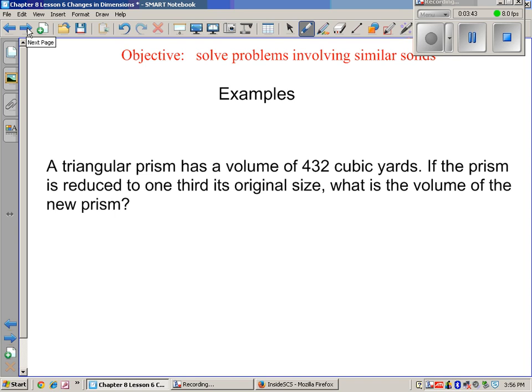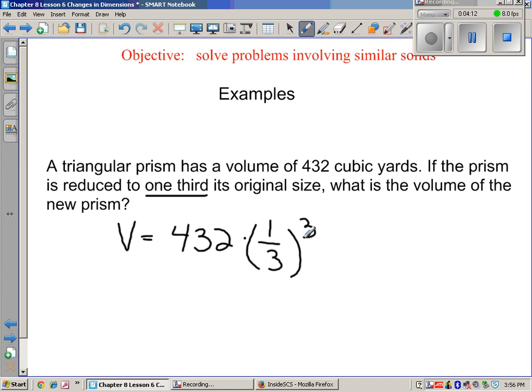A triangular prism has a volume of 432 cubic yards. If the prism is reduced to 1/3 its original size, what is the volume of the new prism? So instead of getting bigger, we're getting smaller. We're going to take the volume of our original, 432, times the scale factor. Scale factor reduced 1/3, so that's going to be 1/3, and then we're going to cube 1/3.